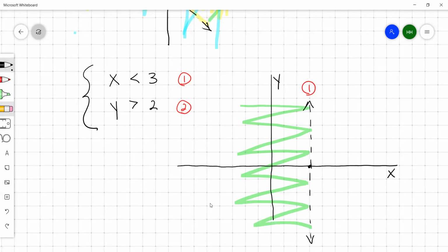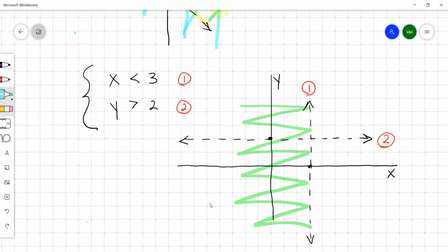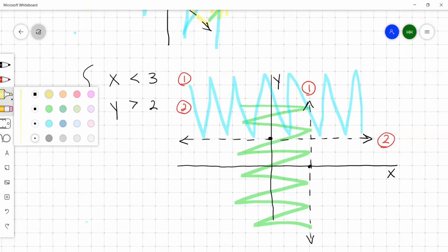Y is greater than 2. So we go to 2 on the y-axis. And again, it's another dashed line. There's our line number 2. And this is greater than, so we're shading the top. Everything up here gets shaded. And then your solutions lie where the shading intersects.